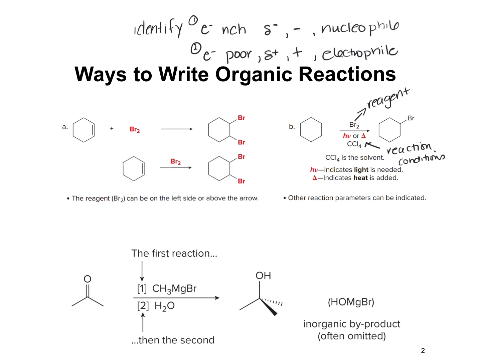These are steps to the reaction, and it says, hey, look, you do this one first, you stop and do some sort of workup, and then you do this reaction next. The other thing to notice is that a lot of times these are not going to appear to be balanced because the inorganic byproduct is a lot of times omitted. So just watch out for that.